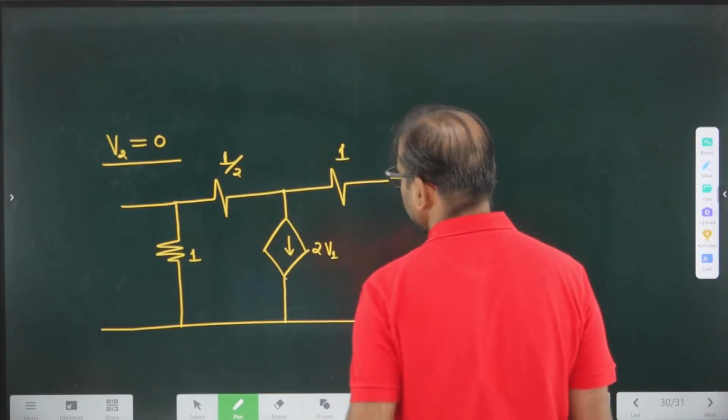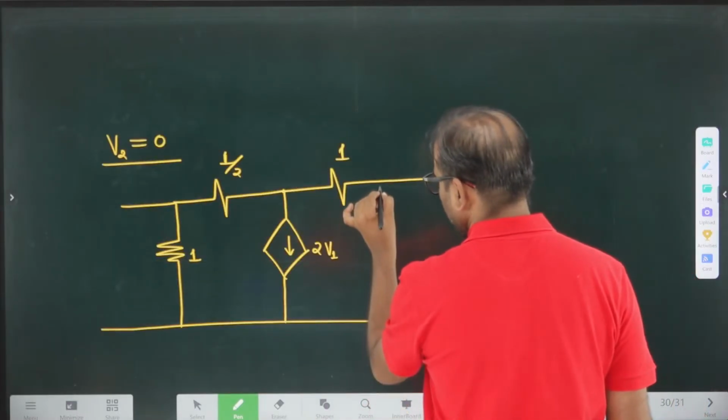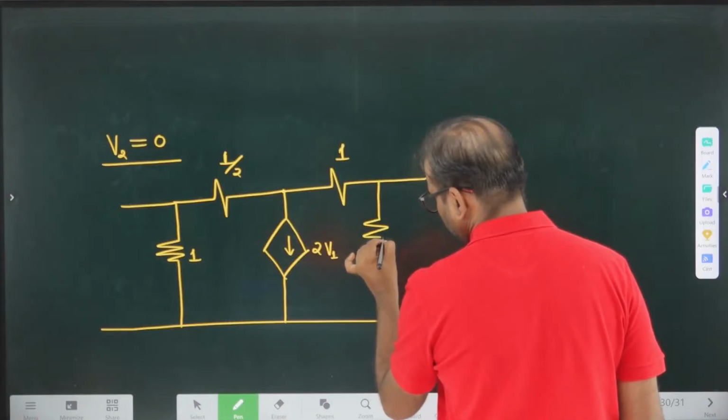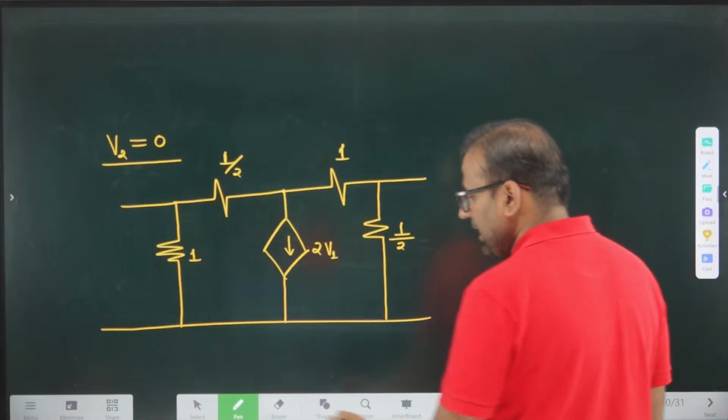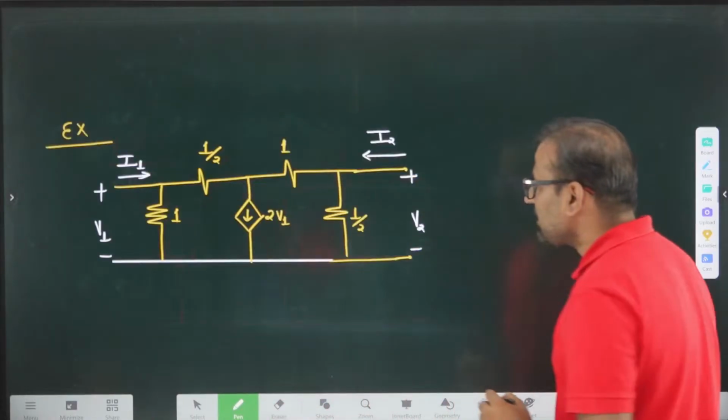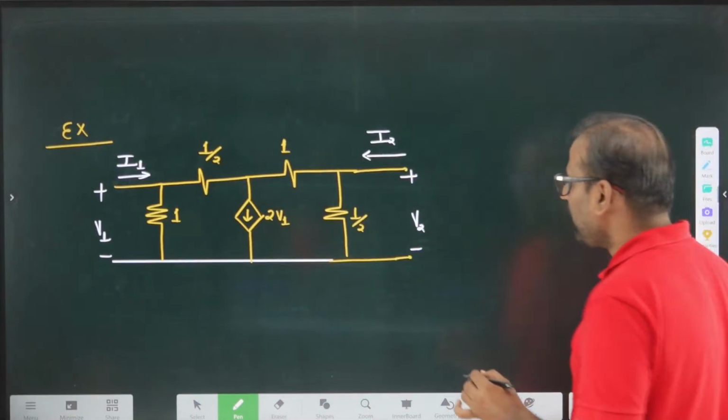This is 1, and this value is 1/2. We are making V2 equal to 0.